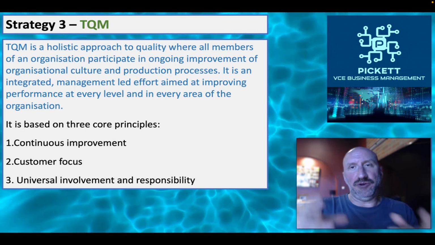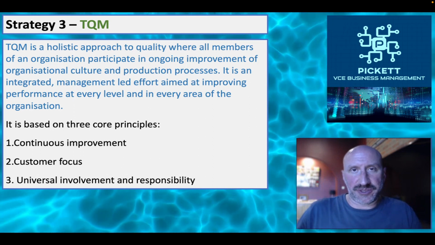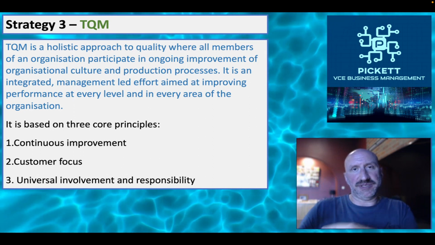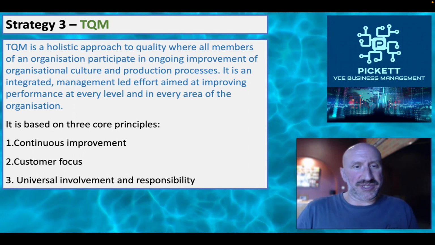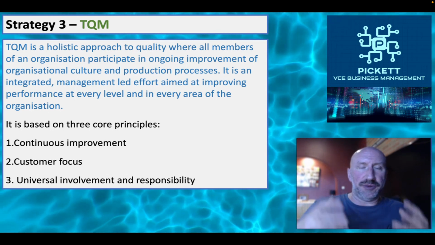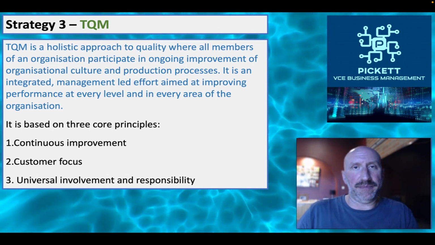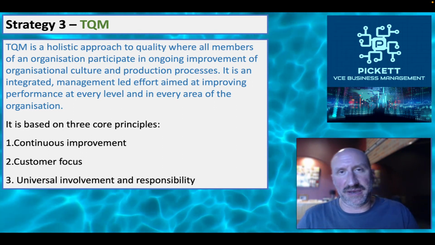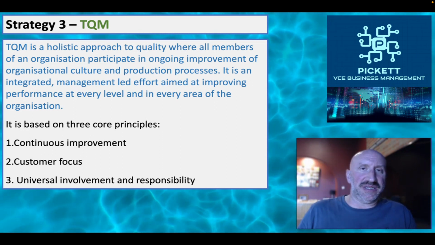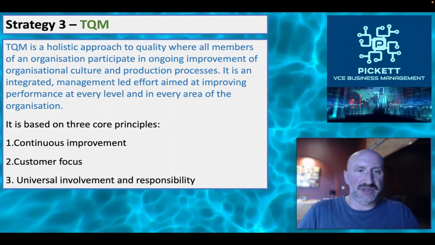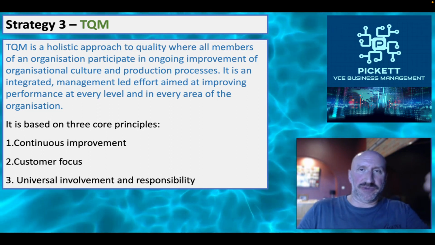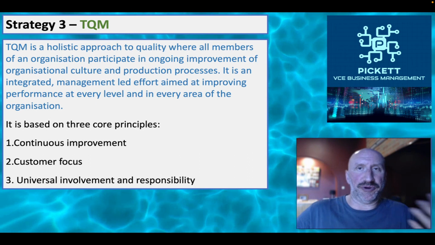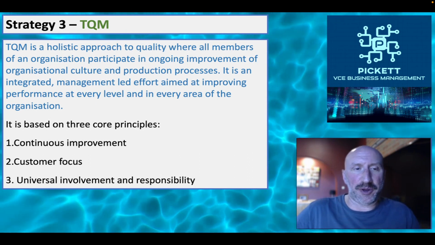Now, if you look at the different textbooks for VCE Bizman, they might not all say there's three. If you Googled the principles of TQM, some are going to say there's 5, some are going to say there's 10. Again, this is one of those things that there is no hard and fast. But if you talked about these three core principles, you'd be safe for our purposes.